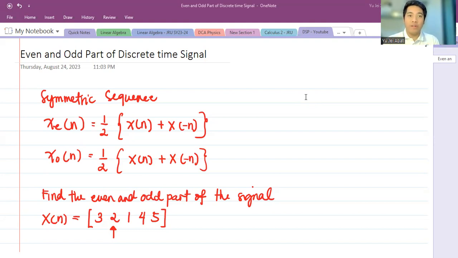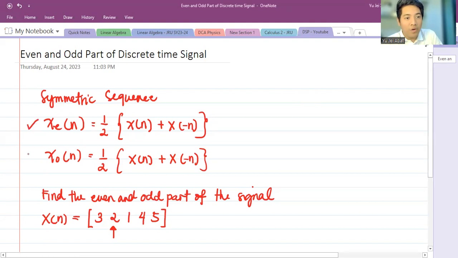As we all know, any discrete time signal can be decomposed into its even and odd part composition. So we are going to use these two formulas right here. This one is for getting the even part, and this one is for the odd part.